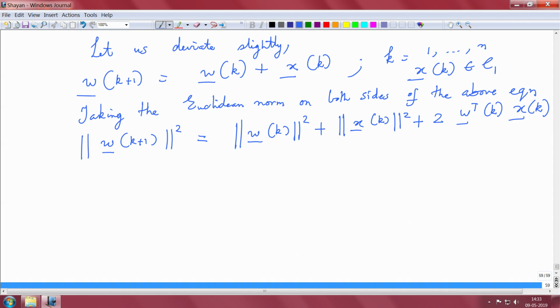Now, this is very important for us, but since we are updating like this, our assumption is W transpose of k x k is less than or equal to 0 by assumption.